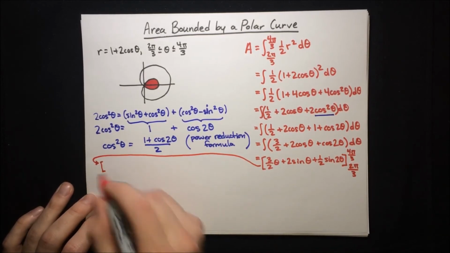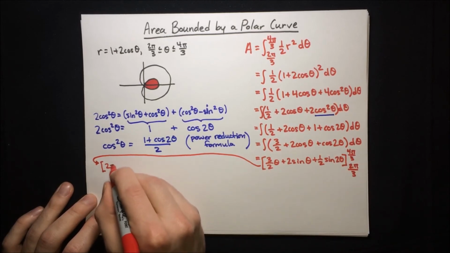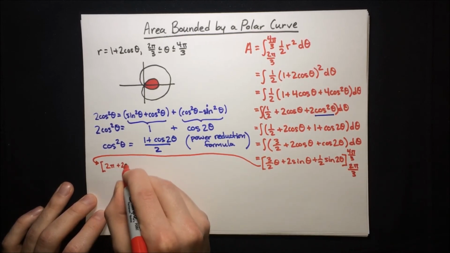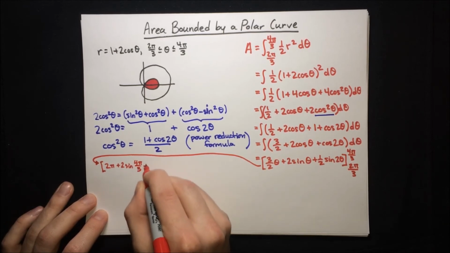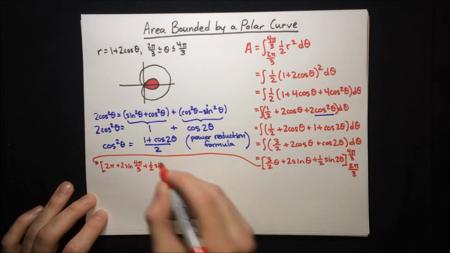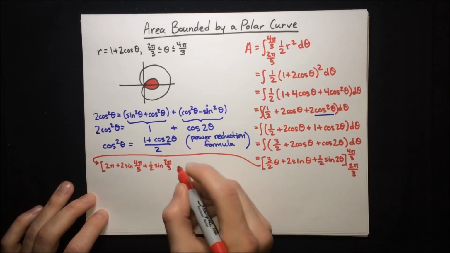So okay, first plugging in 4 pi over 3, 3 halves times 4 pi over 3 is 2 pi, and then we've got plus 2 sine 4 pi over 3 plus a half sine 2 times 4 pi over 3, which is 8 pi over 3.